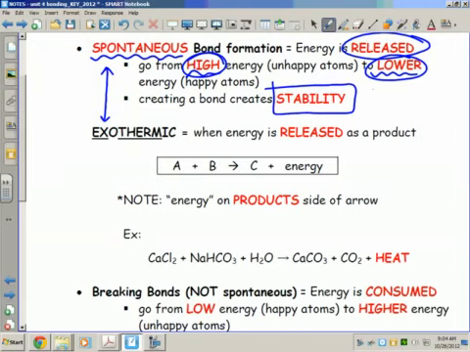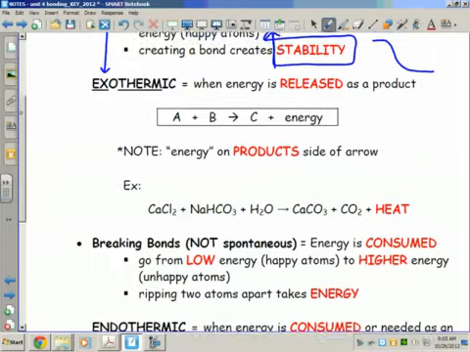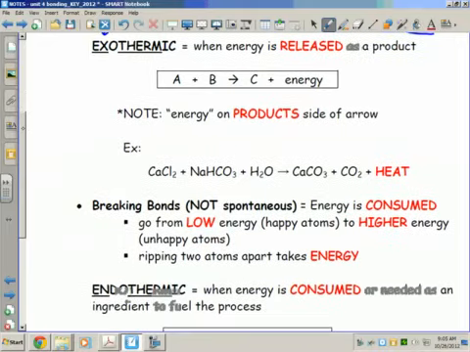So the energy goes downhill like this, and the stability goes up. Right? Less energy means more stable. Think about climbing up a tree. The higher up you go, the less stable you are, and if you fall from really high up, you're falling with a lot of energy. The more you move down the tree, the less energy you would have if you fell. It wouldn't hurt as much when you hit the ground. And the lower you are on that tree, the more stable you are.